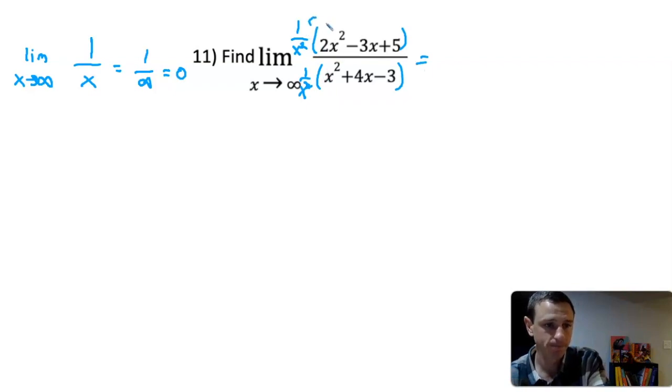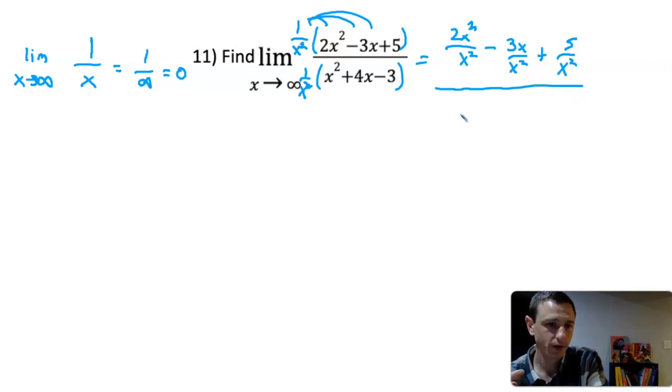On the top, I'm going to get 2x squared over x squared minus 3x over x squared plus 5 over x squared. Then on bottom, x squared over x squared plus 4x over x squared minus 3 over x squared.